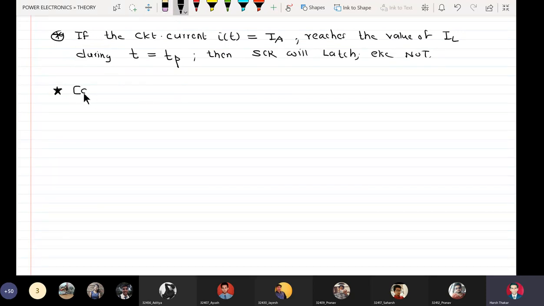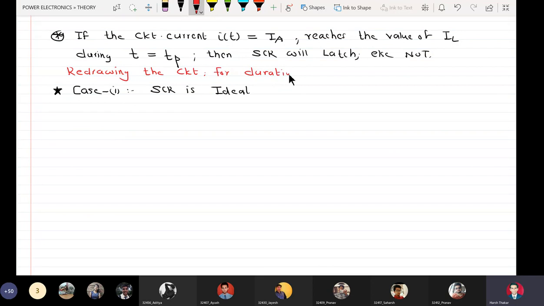Case number 1. SCR is ideal, okay. So we can say, redrawing the circuit for the duration t equal to TP equal to 50 into 10 raised to minus 6 seconds.